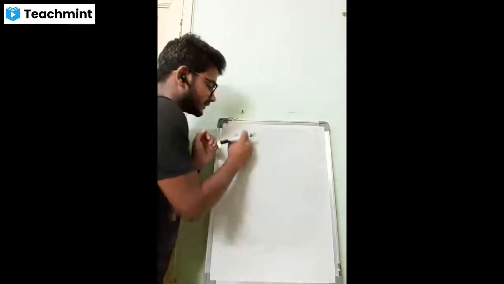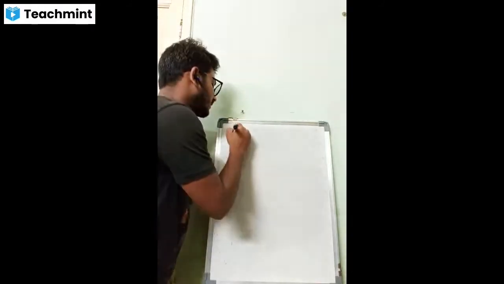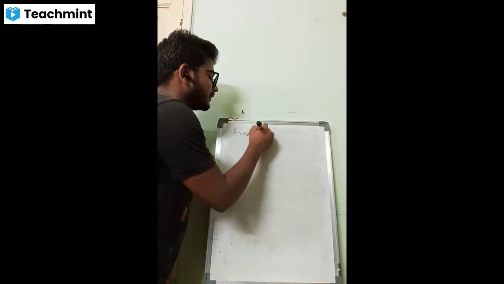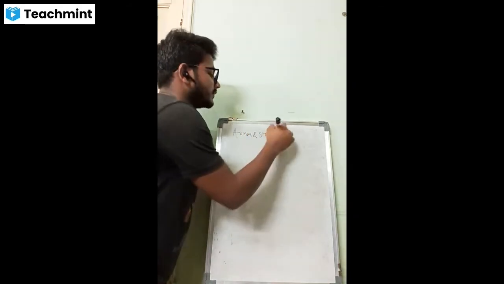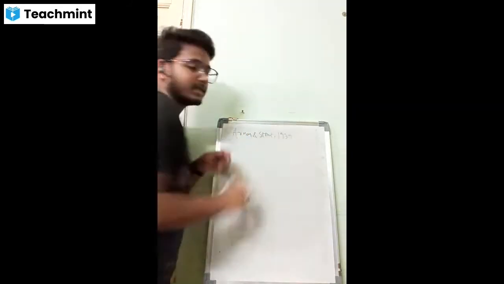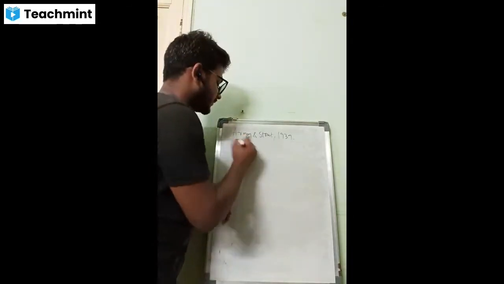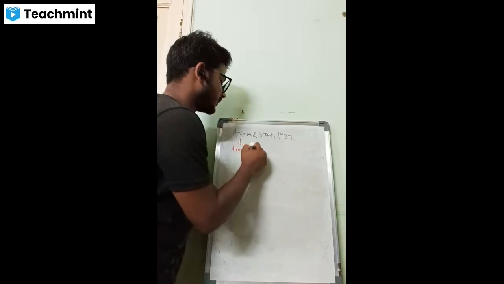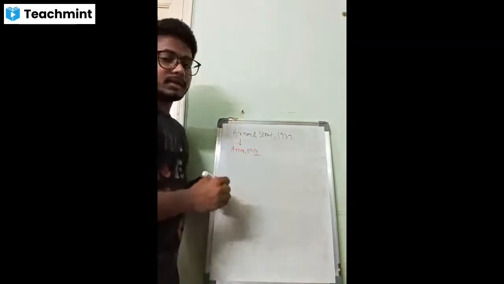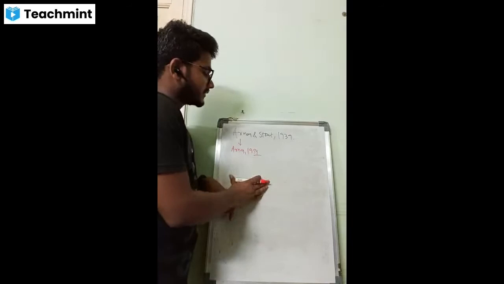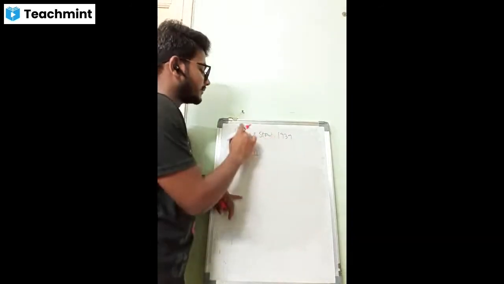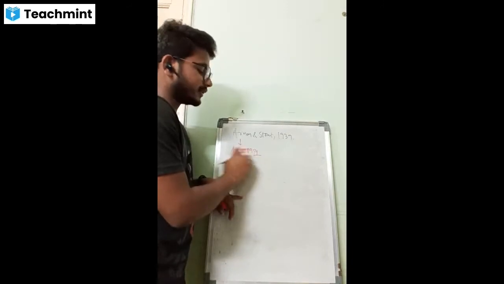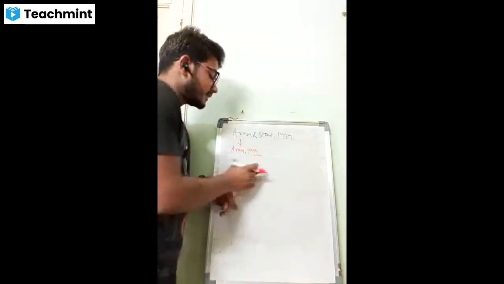So this criteria of essentiality was given by Arnon and Stout in the year 1939. And again, this has been modified by Arnon in the year 1954.